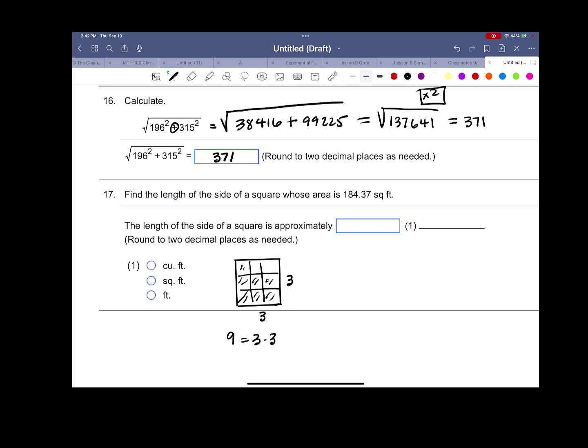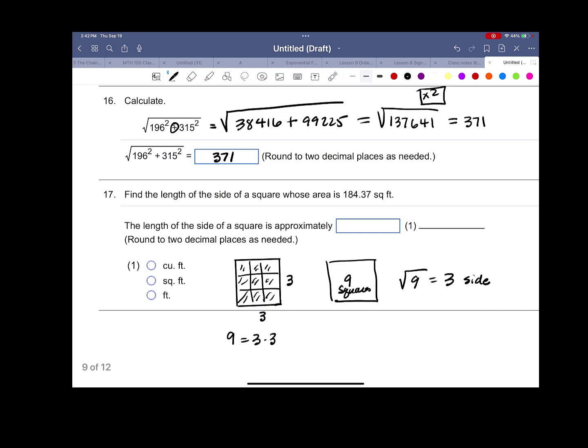That's called the area. Well, if you know the area is 9 squares, then you can say if it's a square, the square root of 9, or 3, is the length of the side.